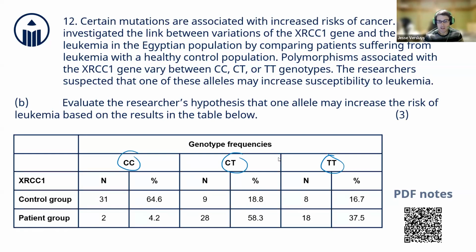For 3 marks, you would usually need to say both, using the data itself or information from the question possibly. Yeah, I'll give you just another minute or so to think about it.